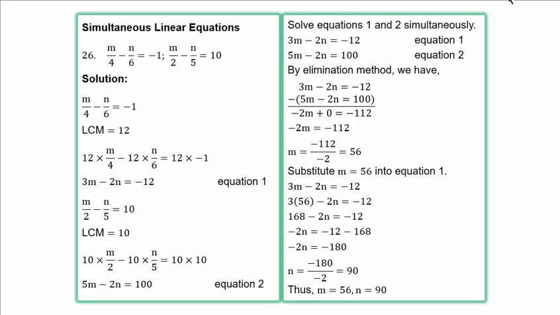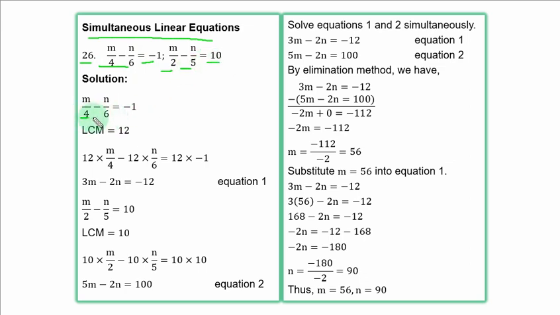Under the equations involving fractions, we are going to consider simultaneous linear equations, and we have example 26. m over 4 minus n over 6 equal to -1. Then m over 2 minus n over 5 equal to 10.